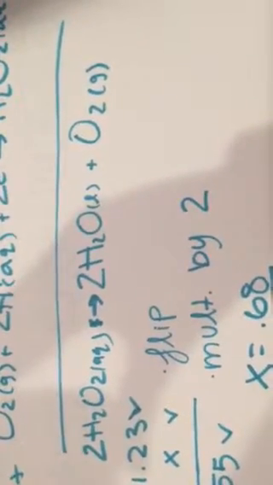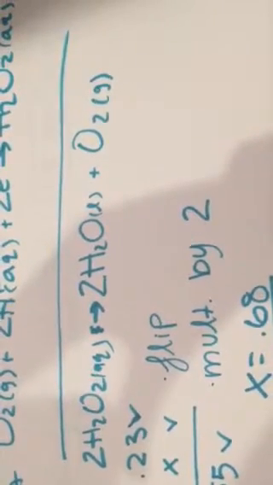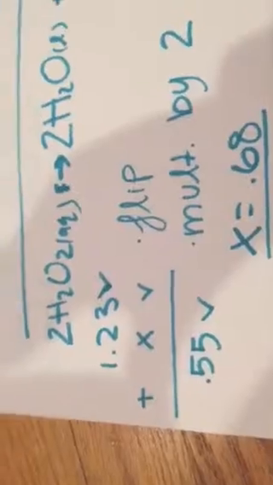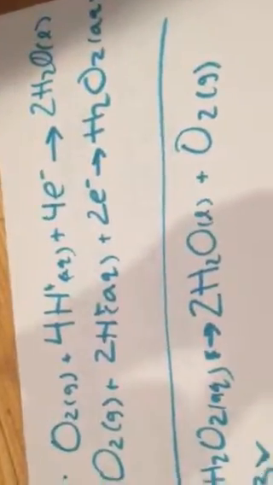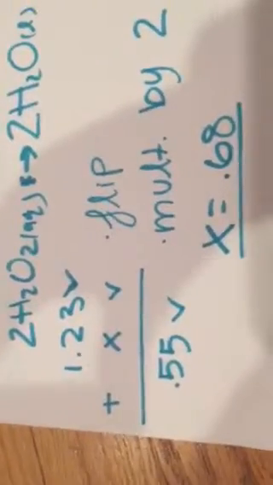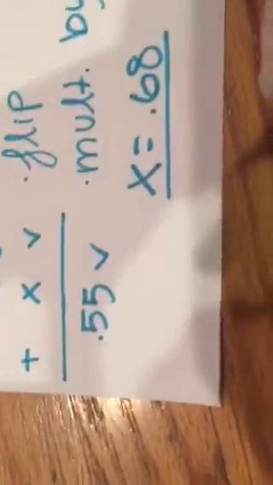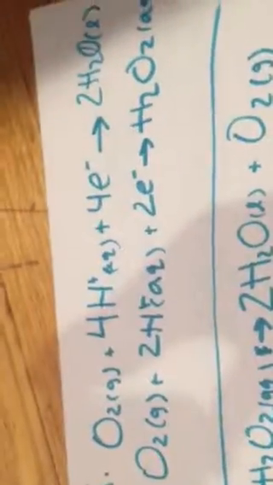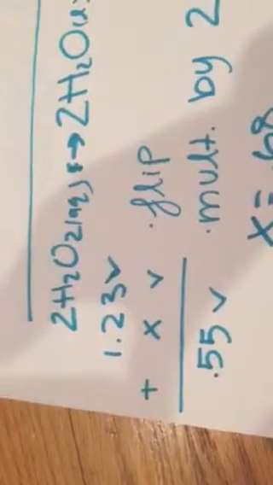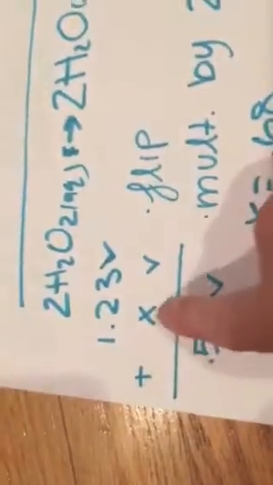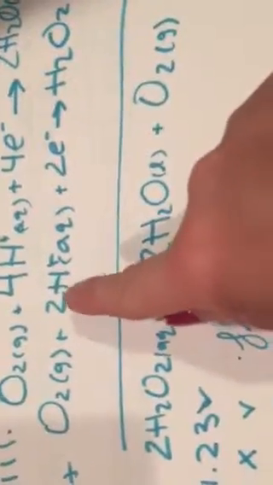And when we look at our standard reduction table, actually we didn't use it because they gave us the values. So initially this lower one here was 0.55 volts, and then the top reaction right there was 1.23 volts. So we're looking for X right here, which is this one.